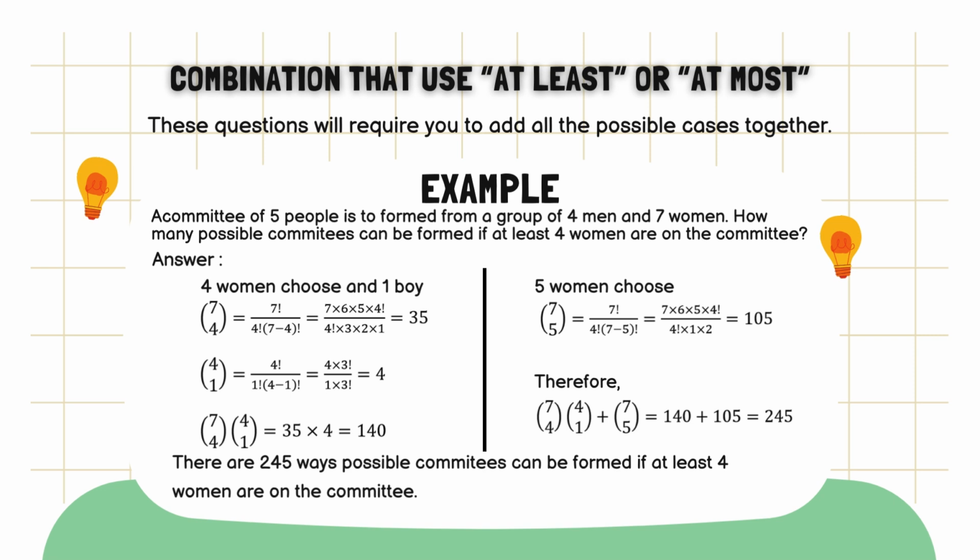And the next, 5 women, is combination 7 choose 5, so it is 105. Therefore, 140 plus 105 is 245. So there are 245 possible committees that can be formed if at least 4 women are on the committee.